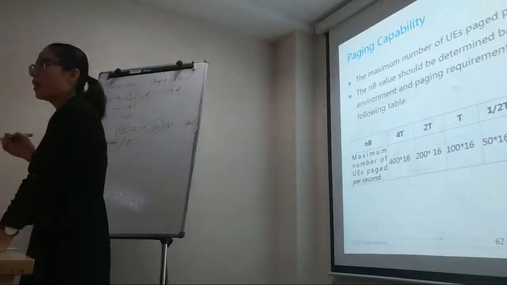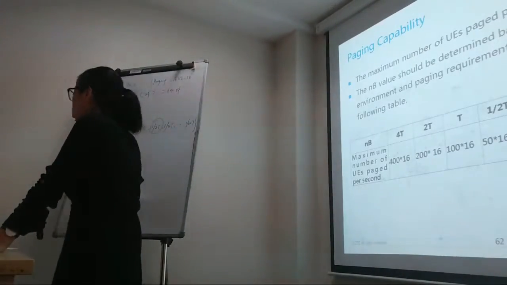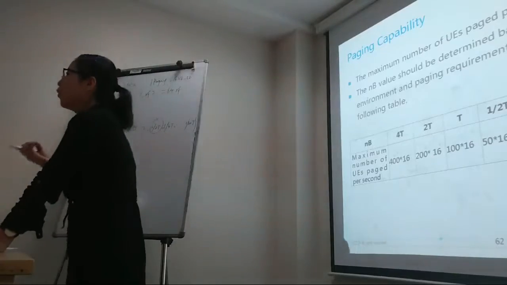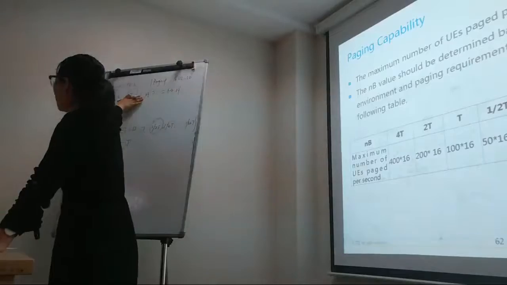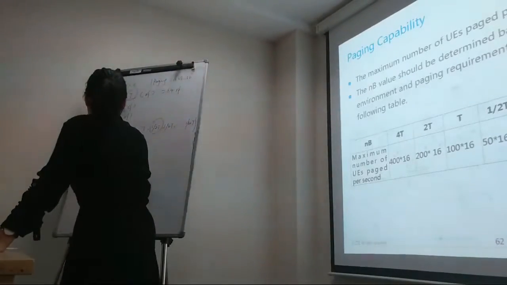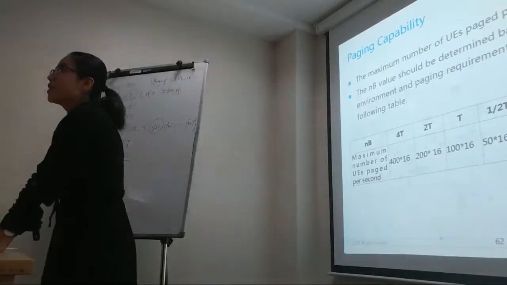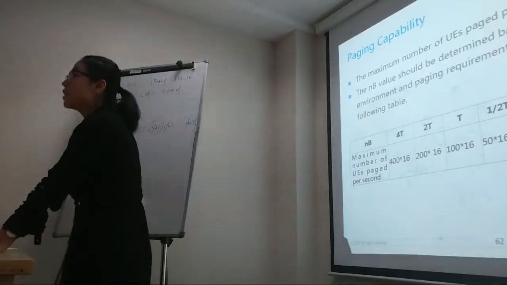So now let's recalculate the paging capacity. How many UE in 1 second? We should first calculate how many cycles there are during 1 second, so 1 second divided by the cycle. Then in 1 cycle, how many pagings?